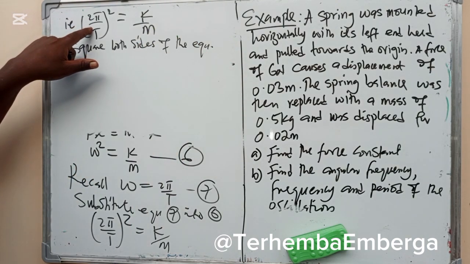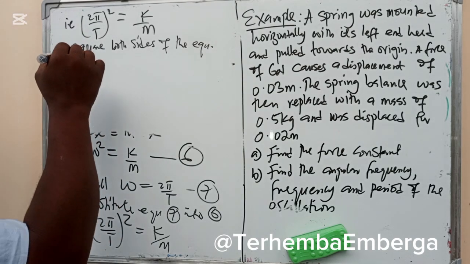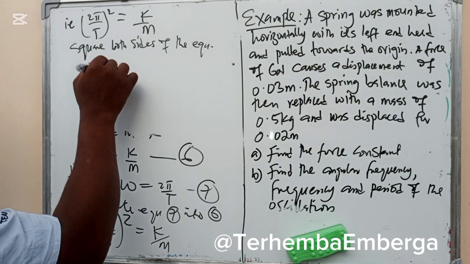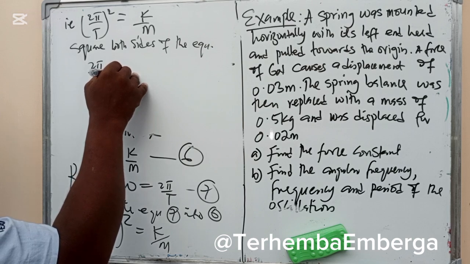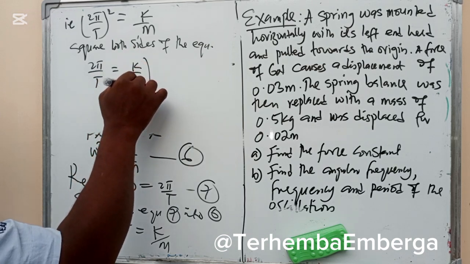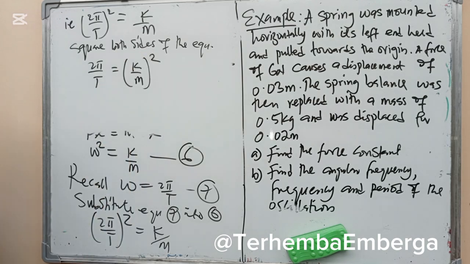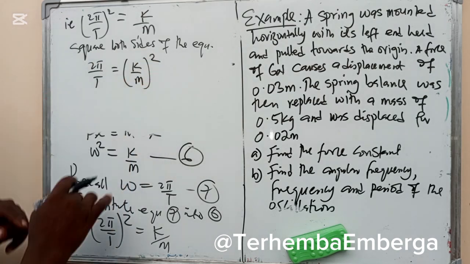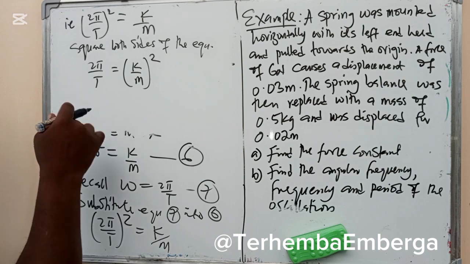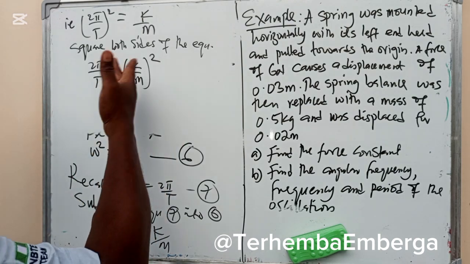So if you square the sides, we now have 2 pi all over t equal to k all over m all squared, as we square both sides. Some will be asking, how?